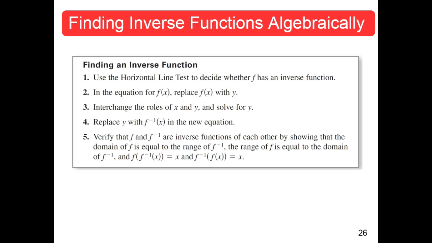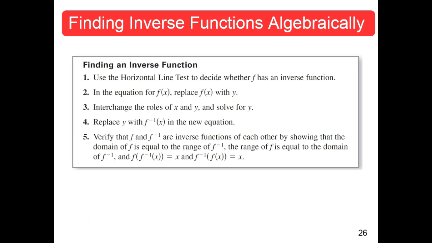Then solve for y. To me, that's an important step. It needs to be its own step. Once you exchange the roles, then solve for y. Now, that y is not f of x. That's f inverse of x. Once you switch x and y, the y becomes f inverse in the new equation.